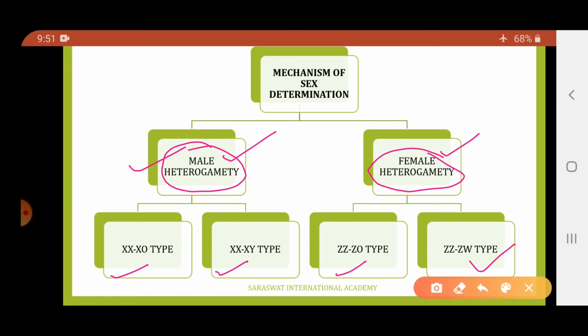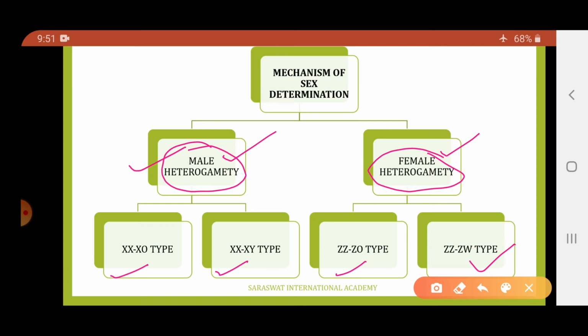Here what would be the condition? The males will have dissimilar sex chromosomes and females will have similar sex chromosomes, whereas in female heterogamety, females will have dissimilar sex chromosomes and the males will have similar sex chromosomes.